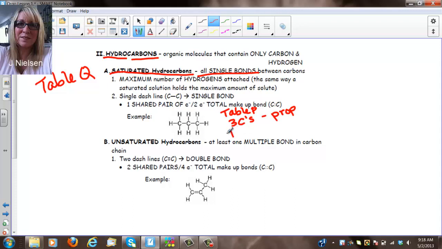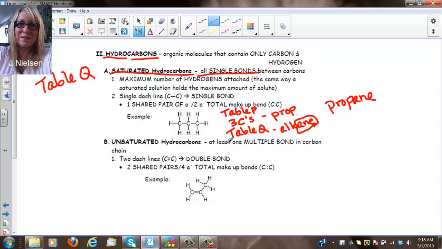Then if you go to Table Q, you'll see that compounds that have all single bonds are called alkanes, and we take the ending of the name and we put it together with the prefix and we get propane. So this molecule right here is called propane.